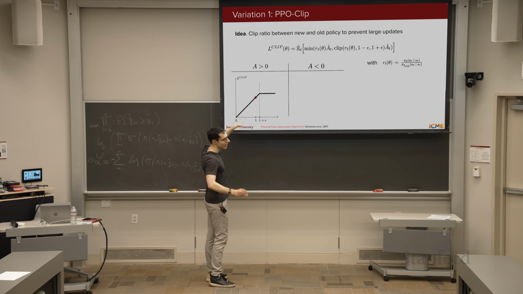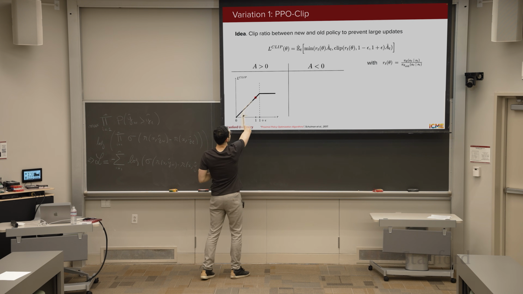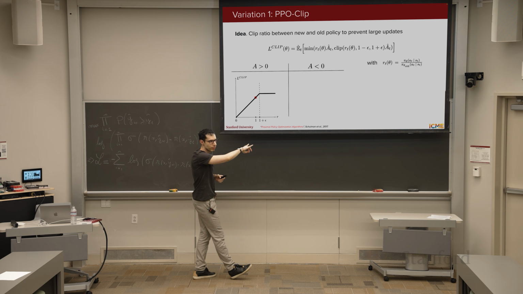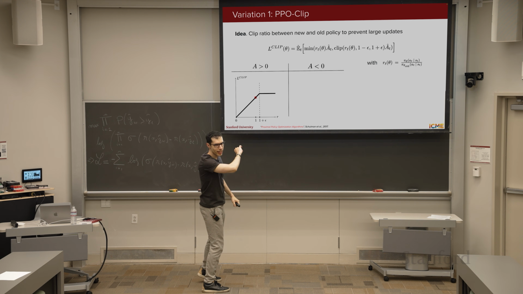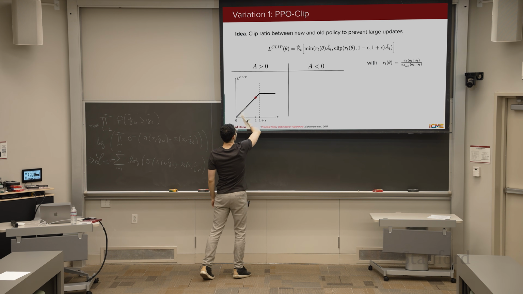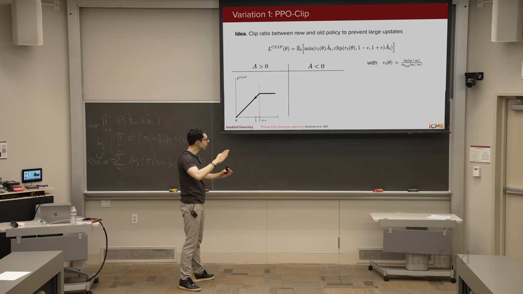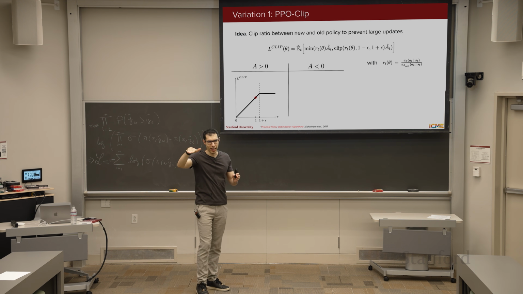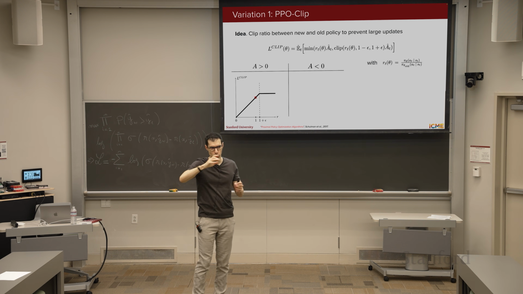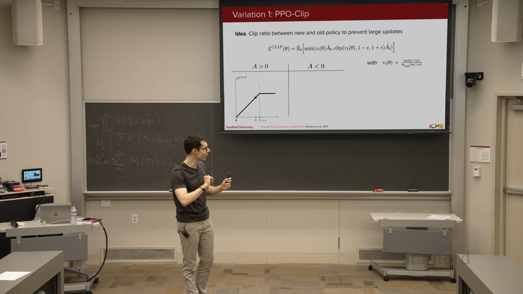So if A is positive, then this L of clip will look like some linear function as a function of R, because it's R times A. So it's a linear function as a function of R. And then after 1 plus epsilon, it will just be flat. So why do we want such a shape for our graph?